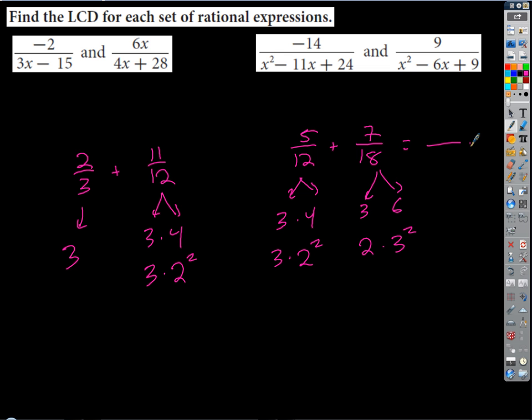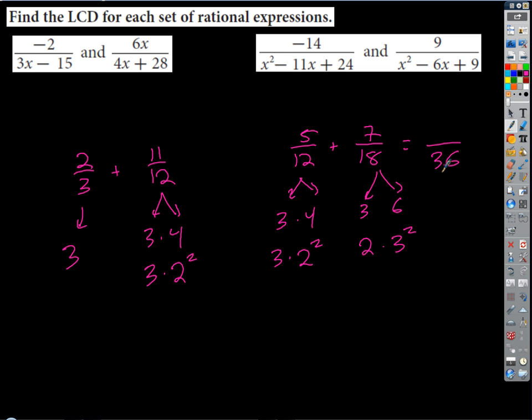But what's the process? How could you come up with that number 36 from those factors? This one here, 12, is broken up into 3 times 2 times 2, right? And so I have to have at least all of those.